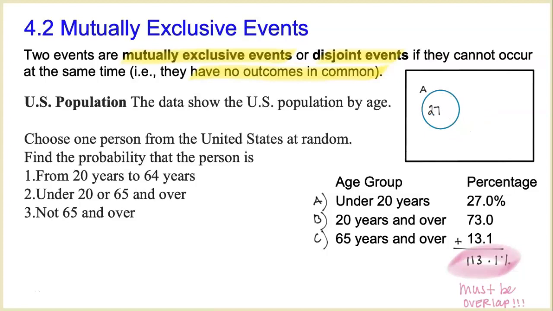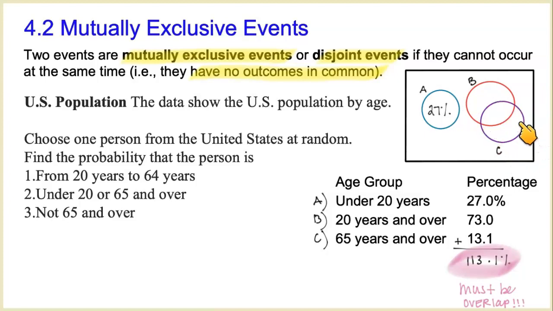That represents anyone who is under the age of 20 years old. And then we have two other events that are related to each other, which are events B and C. Event B in this red circle represents anyone who is 20 years and over, and event C represents anyone who is 65 years and older.